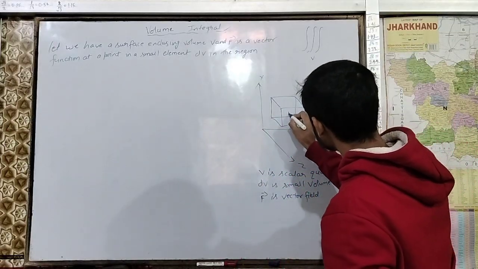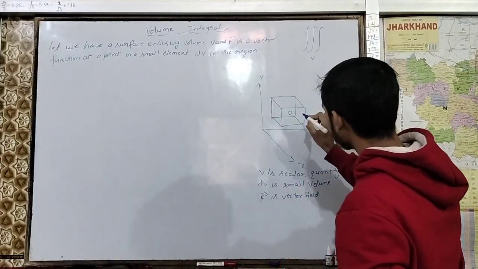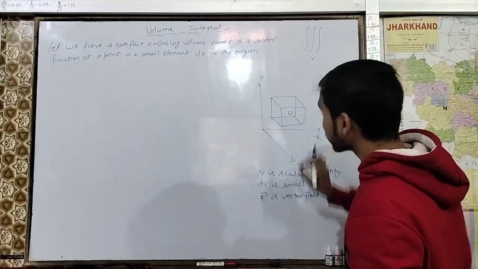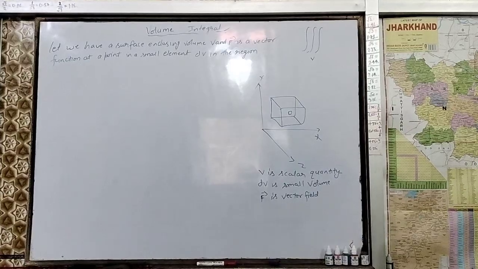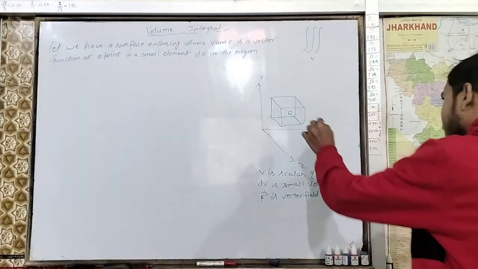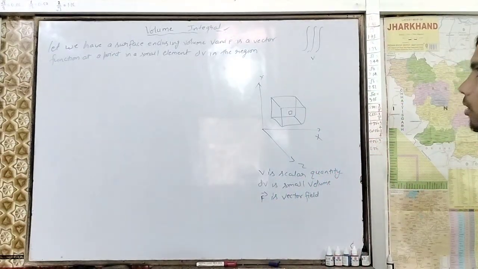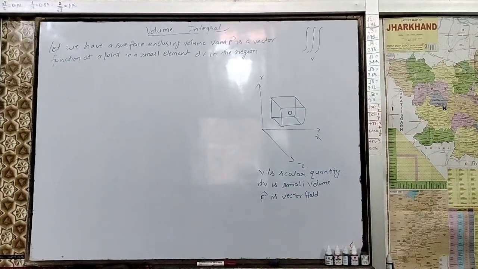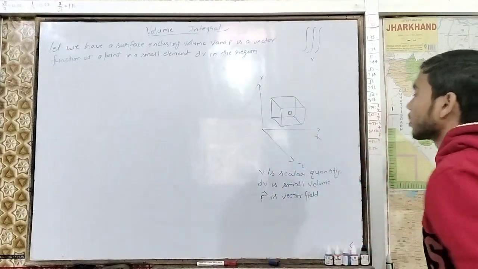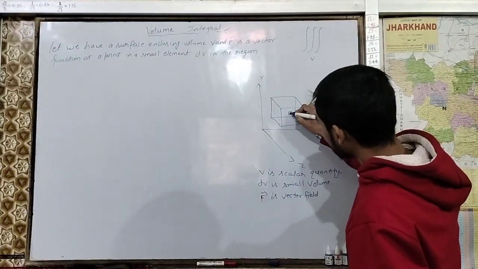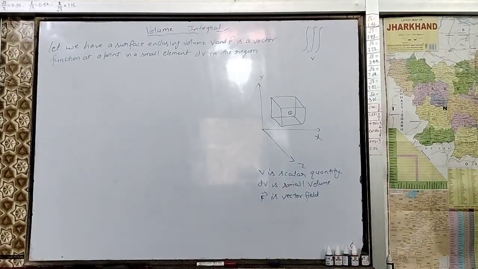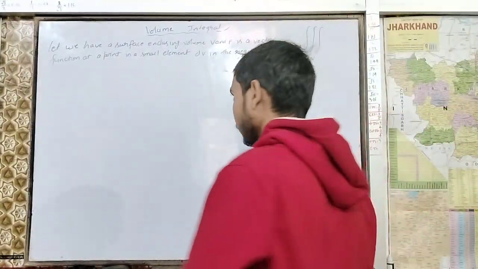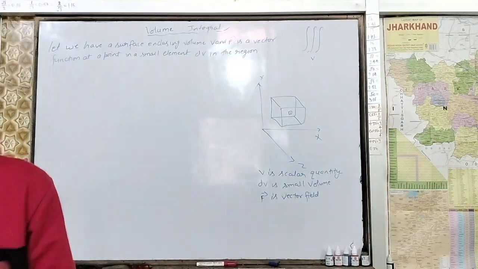Let's say this is a small element dV we are taking, and at the center of this small dV is a vector function point. In a small element dV, in this region, we are talking about this point, which is a vector function point, and we are going to denote it by F vector. Got it?